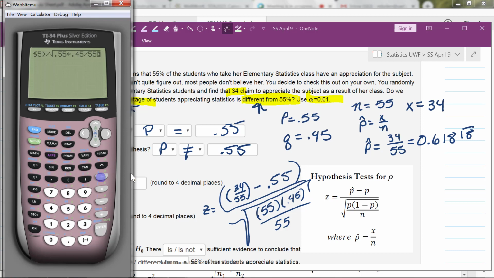And then you hit enter. So just make sure you realize that this is 0.55. There's a decimal right there. This is your sample size. This is your proportion. And hit enter.